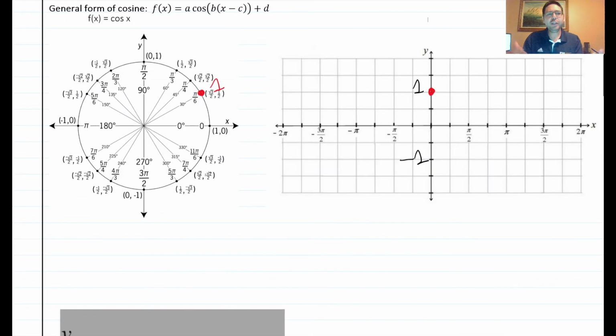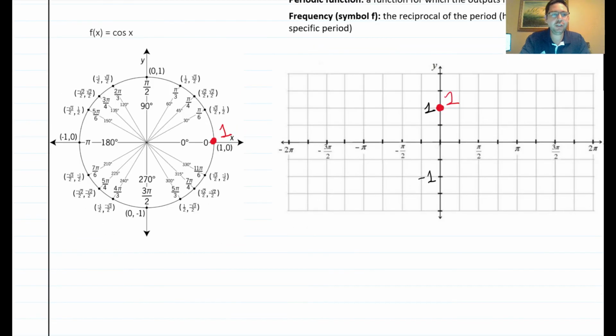So let's go ahead and quickly draw the cosine. The cosine is the same deal, but remember that the cosine is the x-coordinate. So if you do the x-coordinate, starting at the 0 degrees, we know that the x-coordinate is 1, right?